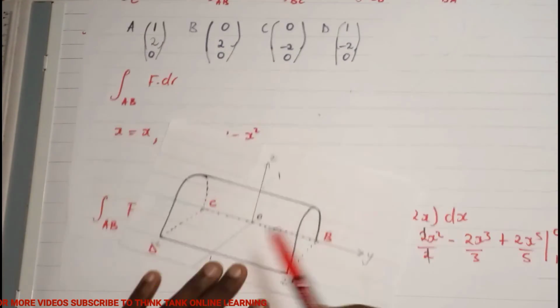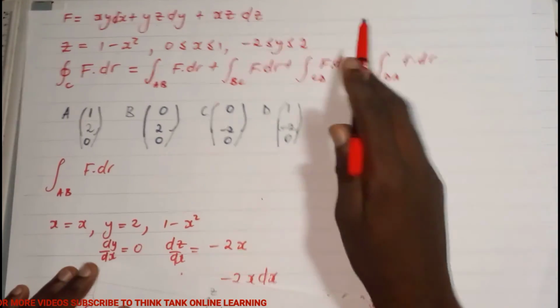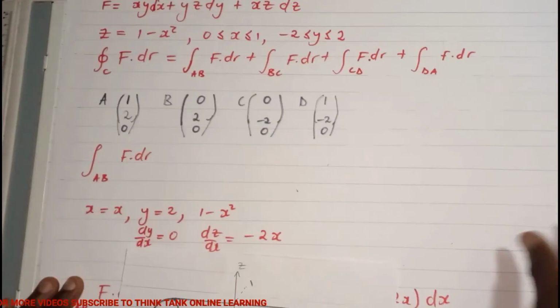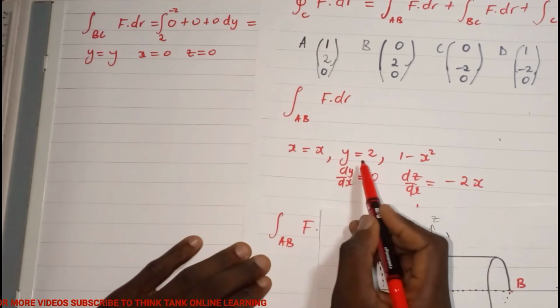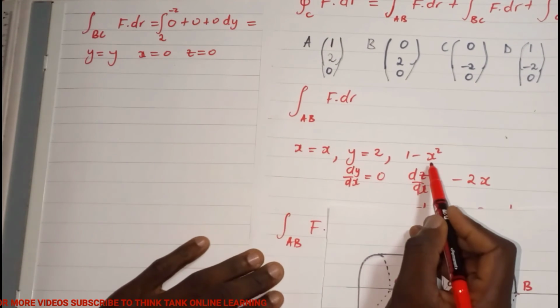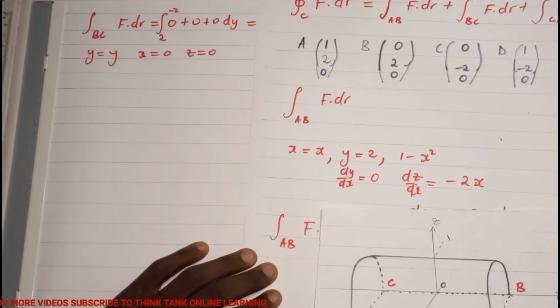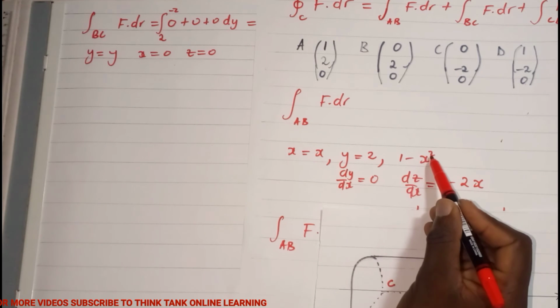What is not changing from CD is y; what is changing is x. So x is going to be our parameter. We said x is equal to x, y is equal to 2, and z equals minus x squared.